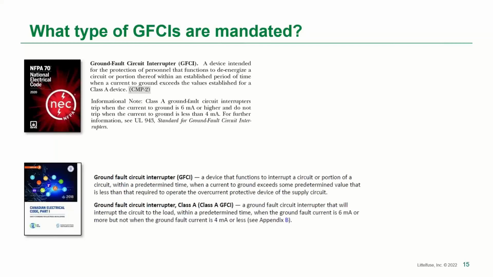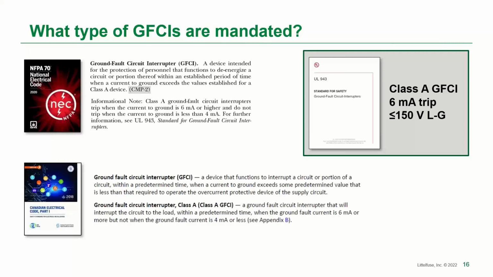Now, the Canadian Electrical Code does separate the GFCI term from a Class A GFCI. So there is a little bit of separation there, whereas in the US, the NEC has really considered those one and the same. So let's just take a second to say, well, what is a Class A GFCI?